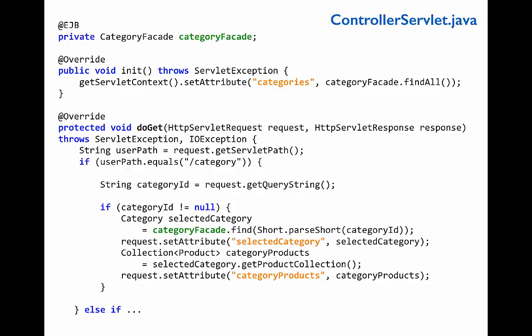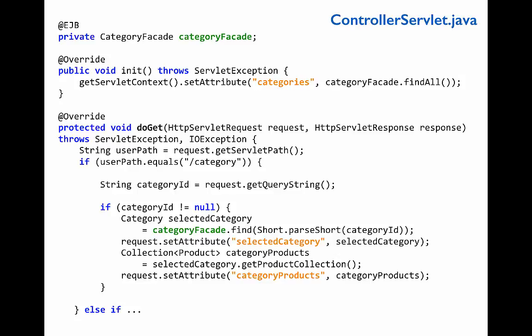Once we have the entity classes and session beans, we can now simplify how we retrieve information from our database. Before we remove the SQL query tags from our .jsp files, we're going to store some information as attributes in our application scope and our request scope. And we're going to do all this in the controller servlet.